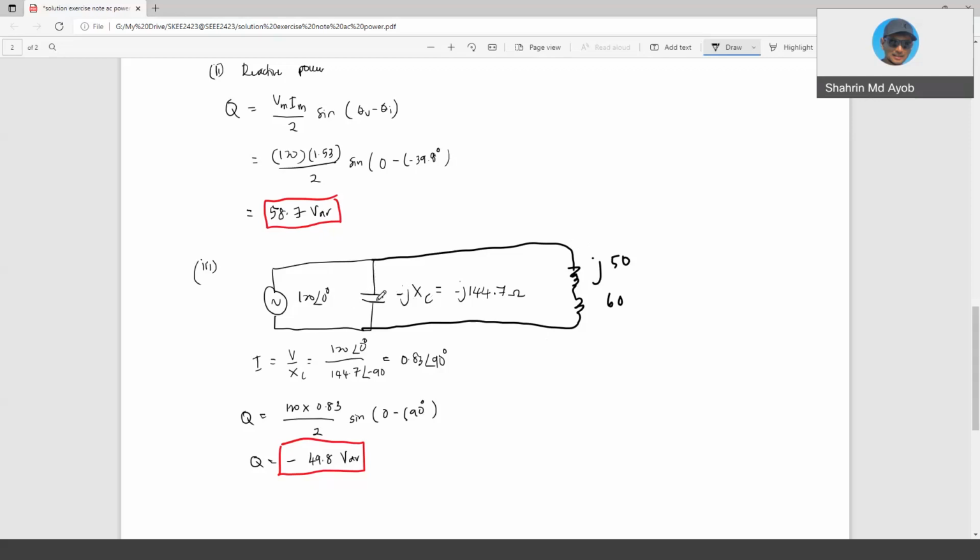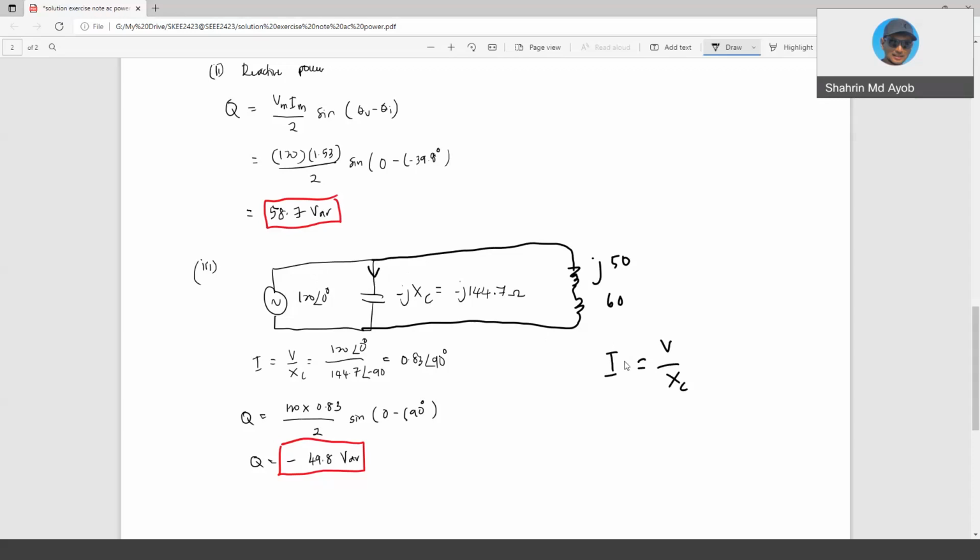Since the capacitor is in parallel with the voltage source, the voltage across the capacitor is also 120 volt with an angle of 0. The remaining parameter to calculate is the current flowing inside the capacitor, simply by using Ohm's law, V over Xc.